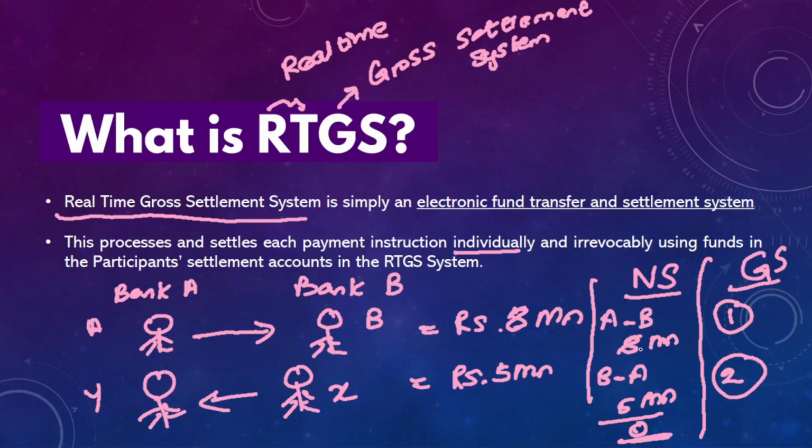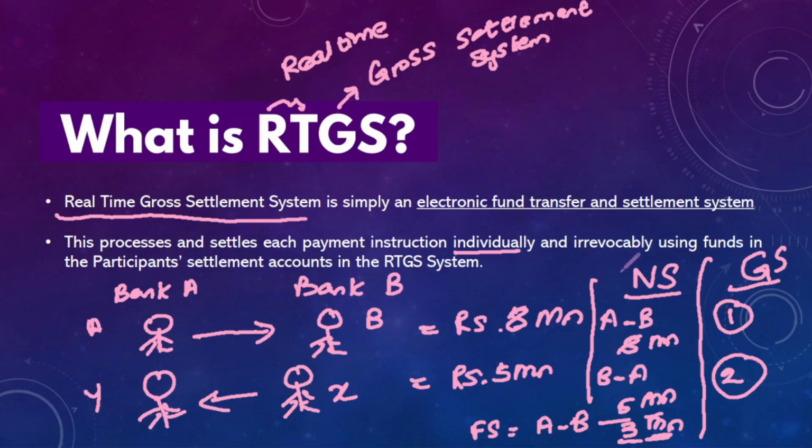B in turn has to pay only 5 million to Bank A. So here on net settlement what happened? Not 0. Now it's going to be 3 million. So effectively by day end, 3 million must be sent from Bank A to B. This is the final settlement from this particular set of transactions.